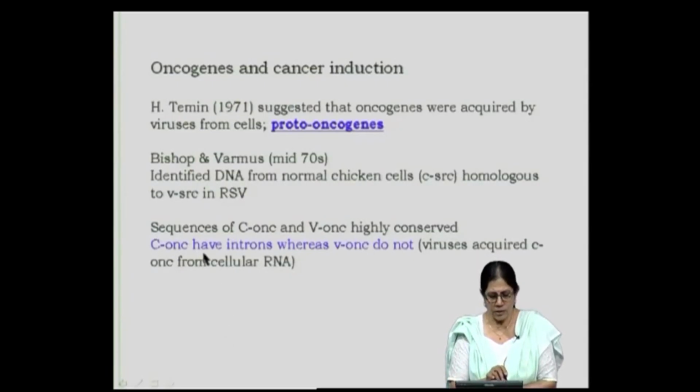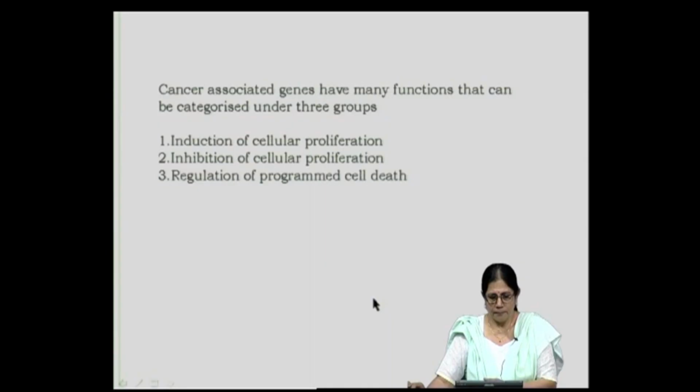The cellular oncogenes, as one can imagine, have introns, whereas viral oncogenes do not. We know therefore that viruses have acquired the c-onc from cellular RNA and not from the DNA, because the c-onc have introns. That means normal cells have these genes with introns. So where have these viruses picked them up? They have picked them up after these genes have been transcribed, and therefore they have taken them from cellular RNA, the messenger RNA.